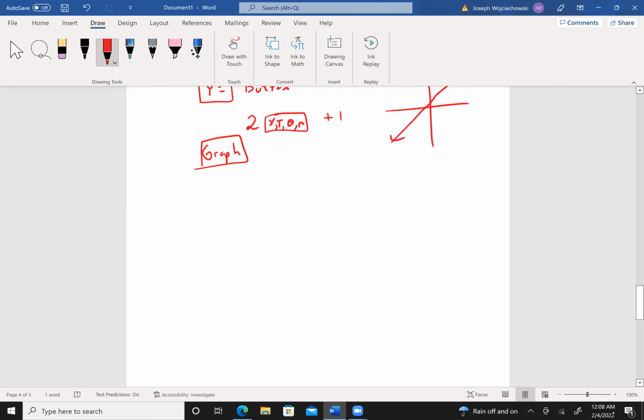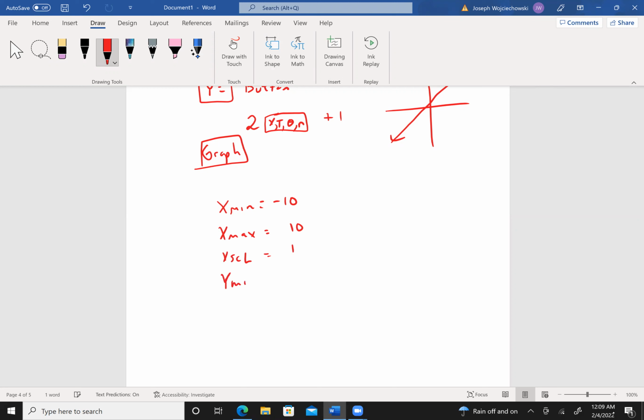Now you also have a feature on these where you can limit the window. If you hit the window button, it should say x min equals, and for most problems, you're going to want that to be negative 10. You're going to have x max, make that 10. Then you're going to have x scale. And like I said, unless otherwise told, stick to these numbers.